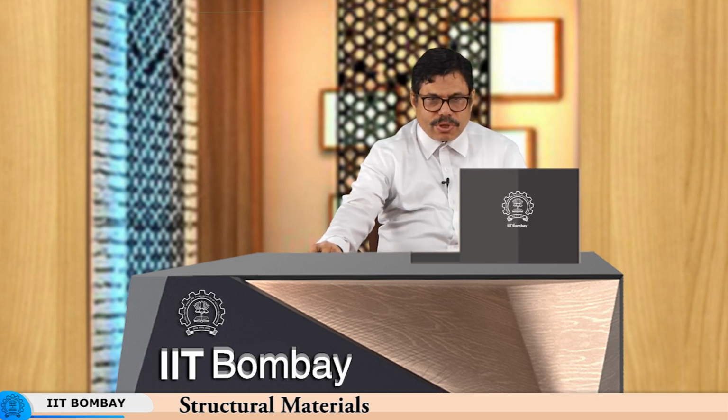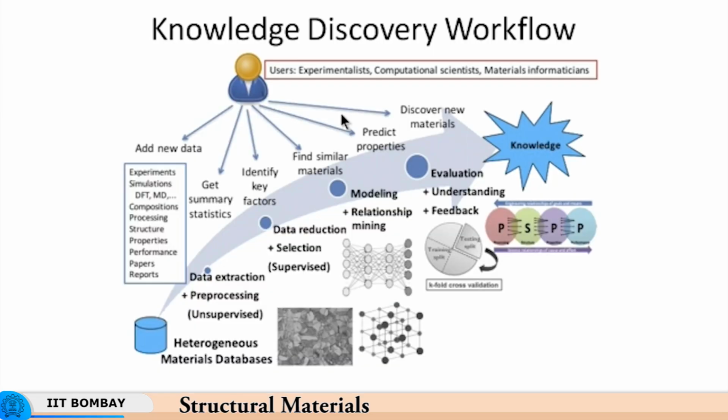So, you would do data reduction and selection, and subsequently you would use that reduced data, meaning the parameters which mainly influence the performance, in the modeling, and you have relationship mining taking place. So, you have similar materials which would fit the bill. You would identify different or maybe similar materials which would cater to your requirements based on modeling and relationship mining.